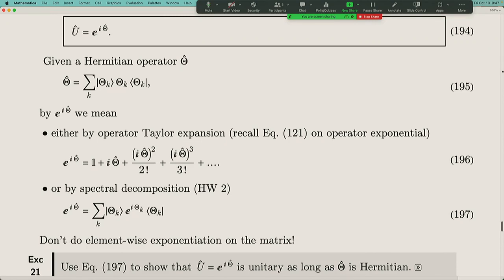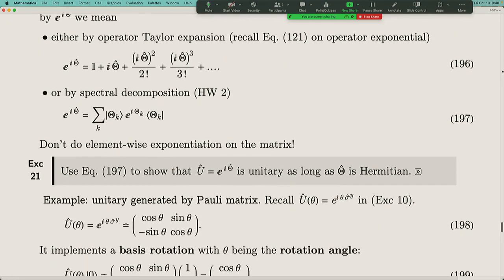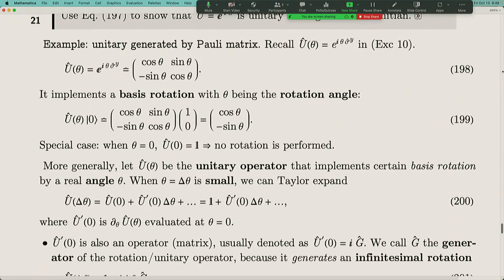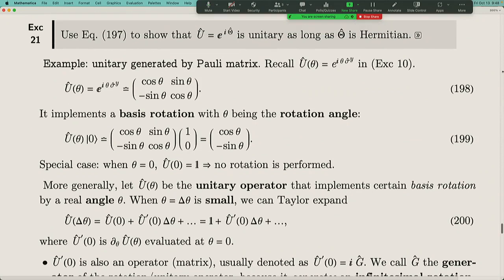We can prove that you can reconstruct this unitary matrix by taking every eigenvalue, raising it to the exponent, and then reconstructing the unitary matrix using the eigenvectors. You don't need to solve for the eigenvectors again. You just need to diagonalize it once. Once you know the eigenvectors, you can use the eigenvectors and the exponentiated eigenvalues to reconstruct unitaries, okay?